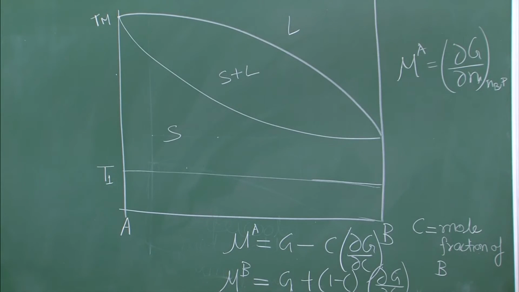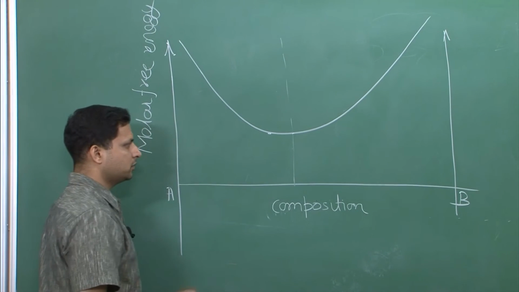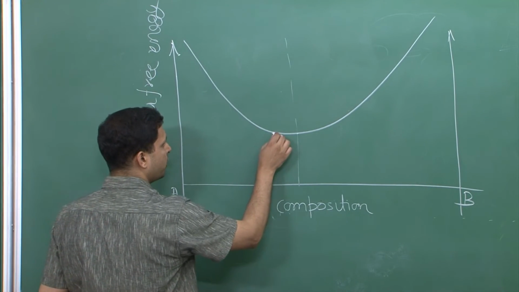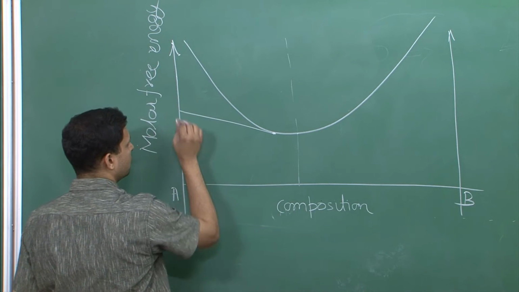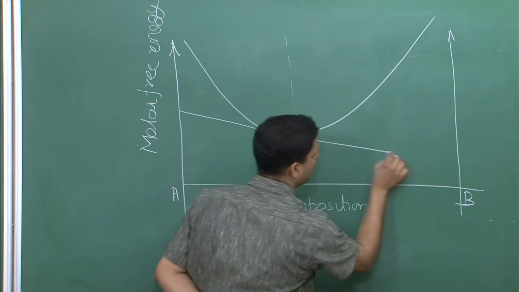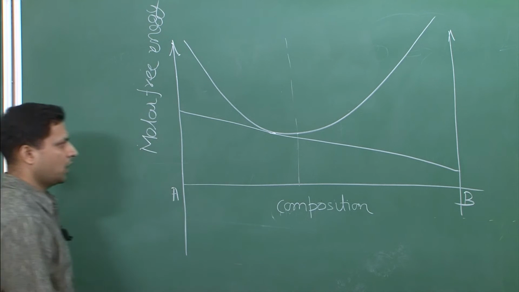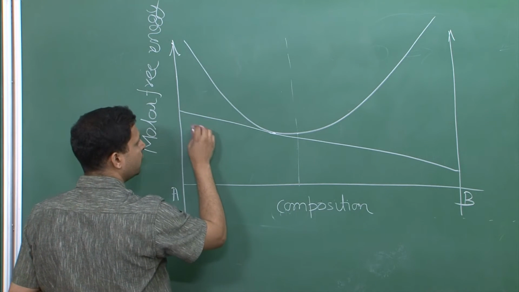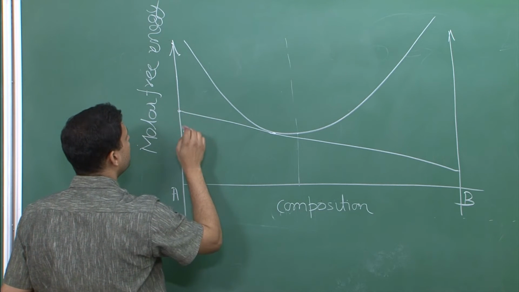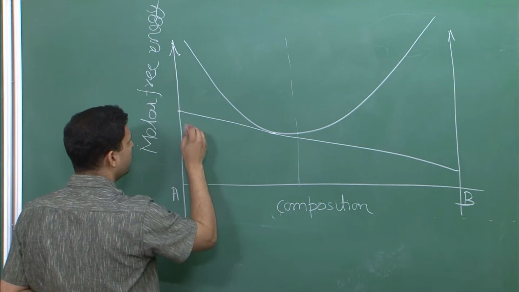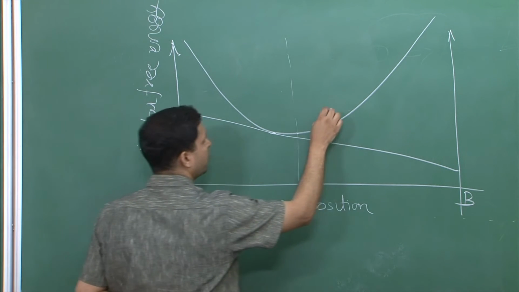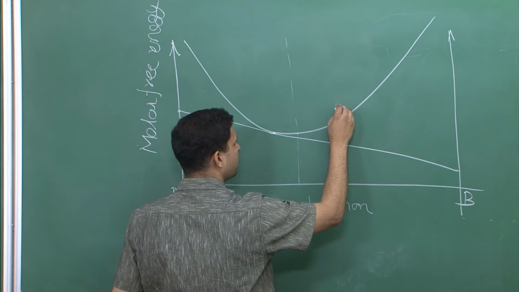For example, let us say if I am at this particular point, if I want to know the chemical potential, I need to draw a tangent over here, and this tangent will give me the chemical potential for component A in this particular phase, whatever is this phase.